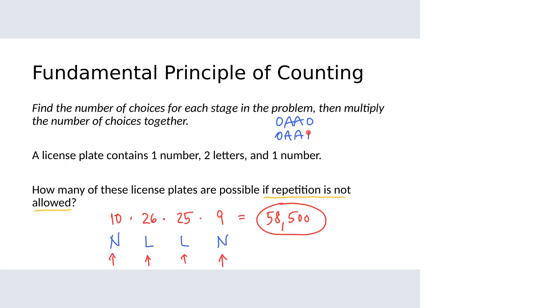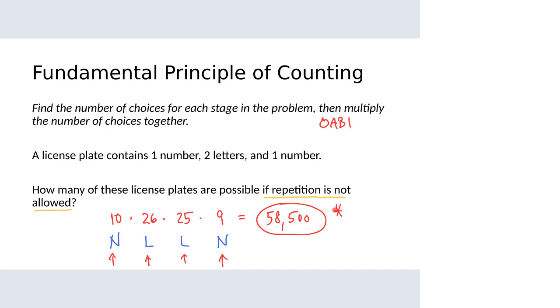Now that repetition's not allowed here on this license plate, my first one is going to be, instead of 0AA0, 0AB1 because repetition's not allowed. So I've eliminated some of the things that used to be possible. So it makes sense that we'd have a smaller number than we did in the last one.